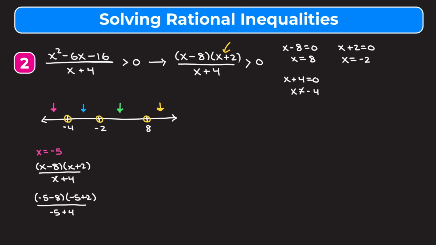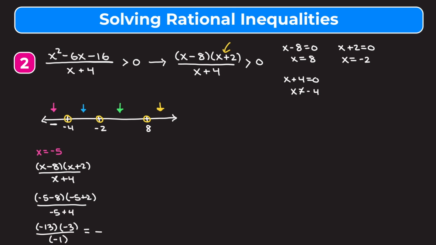So negative 5 minus 8 is going to give us a negative 13. Negative 5 plus 2 is going to give us a negative 3. And negative 5 plus 4 is going to give us a negative 1 on the bottom. So we have two negatives being multiplied and then divided by a negative. So we have three negatives, which is going to turn out as negative. So we don't actually have to find the value of this, we just have to know that it's negative. So I'm going to put a negative in this part of our sign chart up here.